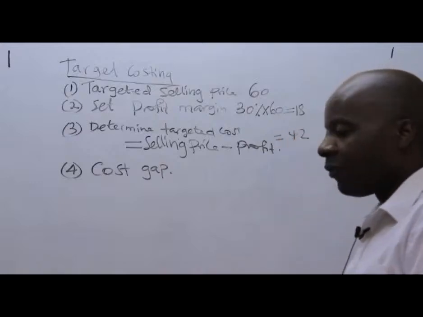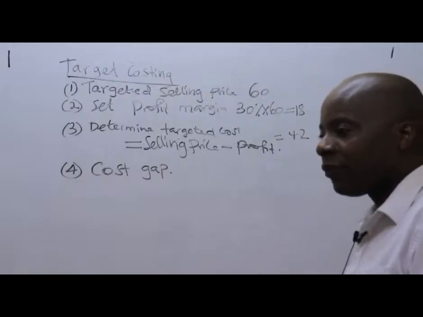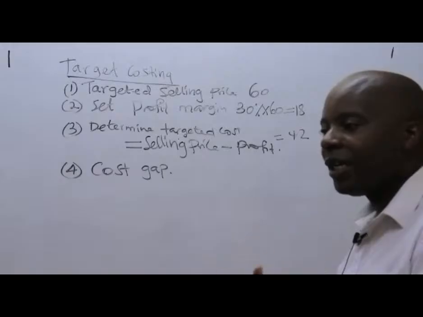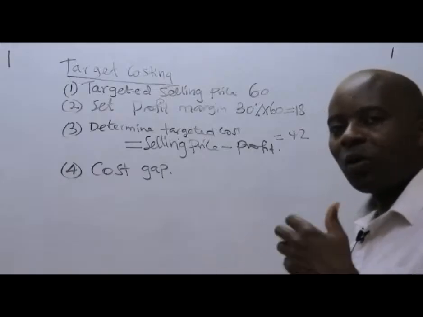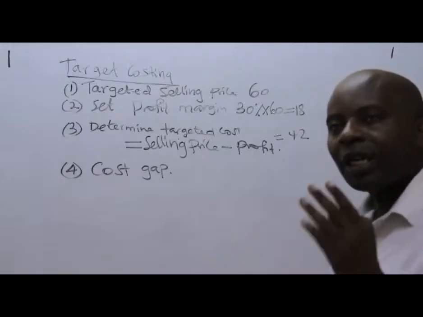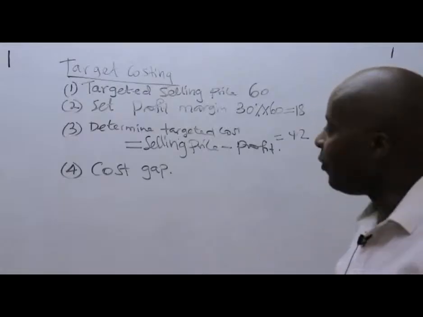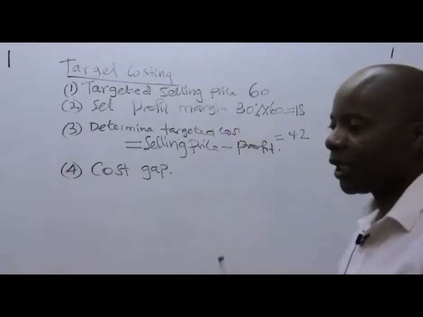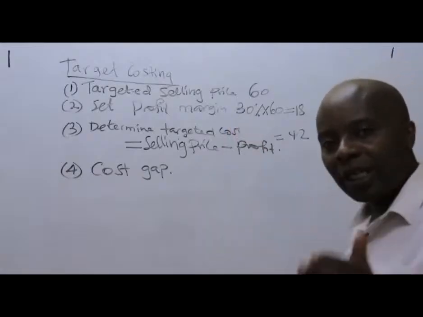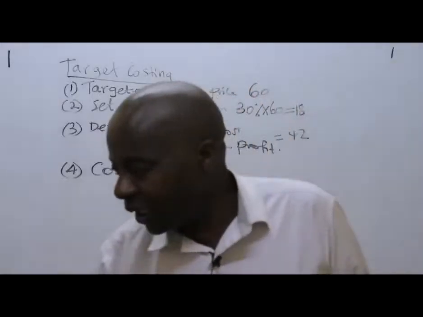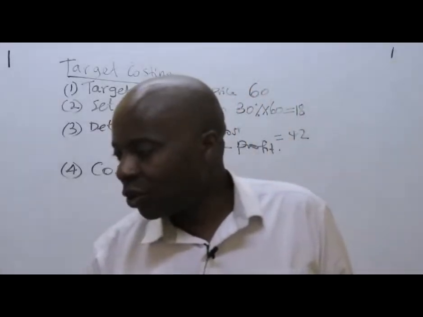Now, from there, I will ask myself, do I have any gap? My gap here will be the difference between the projected or rather actual cost vis-a-vis our targeted cost. So I would want to get my projected actual manufacturing cost, and this examiner really has given us the actual manufacturing cost.